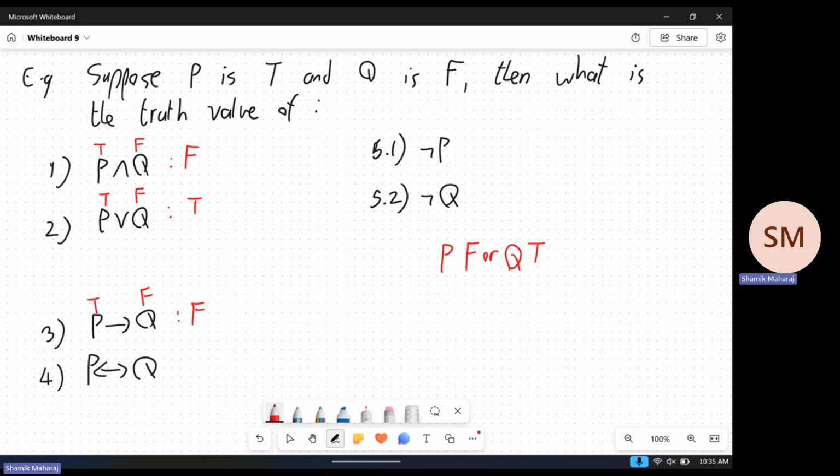Q is false. Okay, Q must be true. So at least one of them has to be met. Yeah. So because this is an or in this condition, as long as one of them is met, then the thing is true. If none of them are met, it's false. Okay. Yeah.